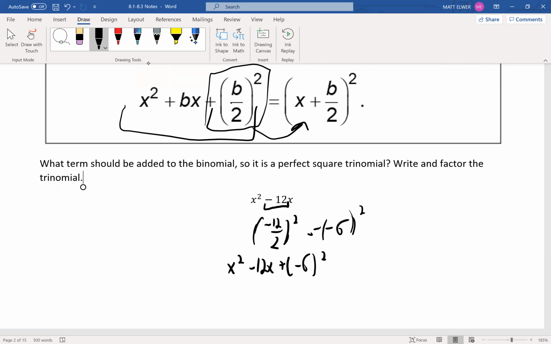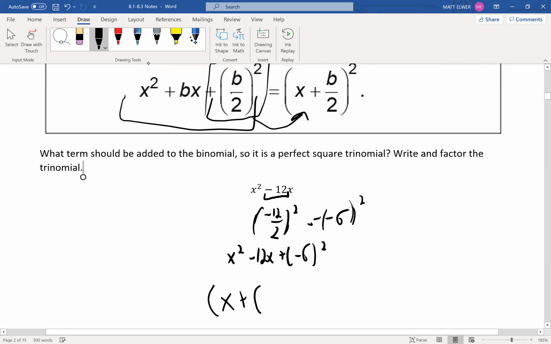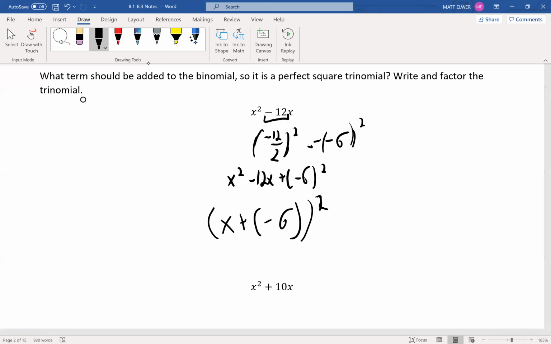We know that it's x plus b over 2, and b over 2 is just negative 6 in this case. And then that whole thing is squared. So we're just seeing what our values are and changing it into this form. And then after I do that, notice that there's a little bit of simplification that can be done. So we just get x minus 6 squared.